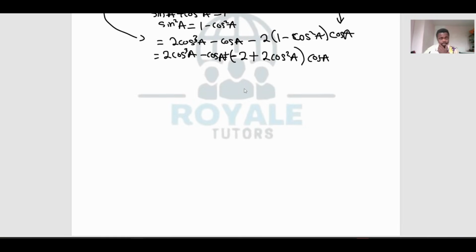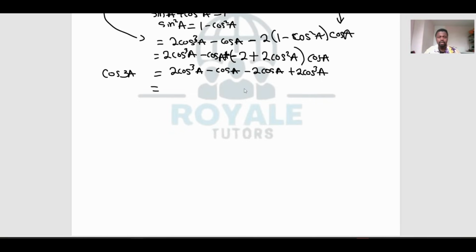So I'll also use that to expand it. So you have 2 cos cubed a. Now, I put plus here because I already effected this minus on what is inside the bracket. So you have minus cos a. Then if you allow that cos a to come in now, this will become minus 2 cos a plus 2 cos cubed a. So remember what we are doing is cos 3a.